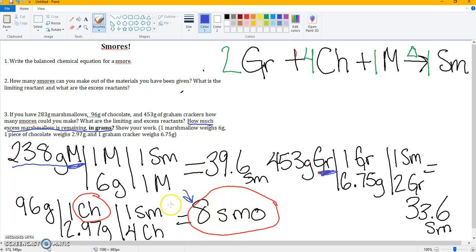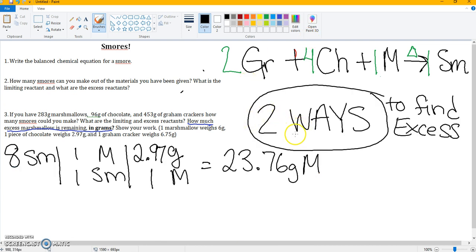Okay, so let's figure this out using stoichiometry. Okay, so there are 2 ways to find an excess amount. I can either start with the amount of product that I know that I made using my limiting reactant, or I can start with the amount of marshmallows I had and see how much I would use up.